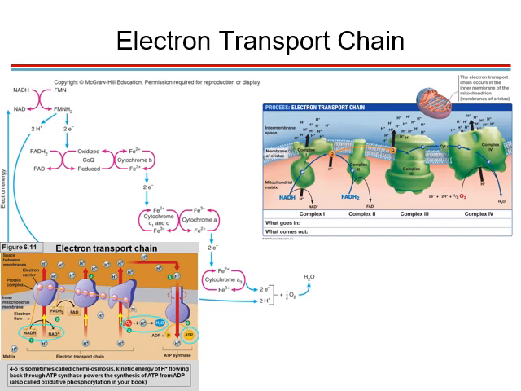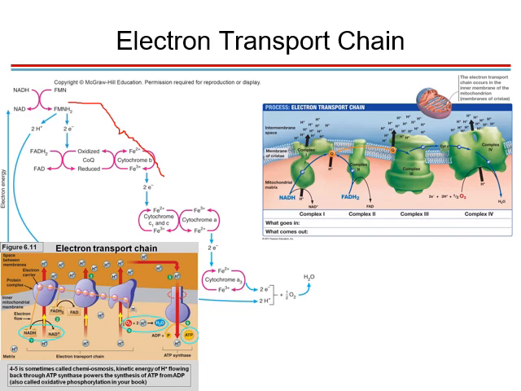Okay, there is work being done as these electrons are being passed from these complexes here. This here just shows what's taking place for the transport of electrons. Remember, it is a series of reduction-oxidation reactions that are passing the electrons through here.